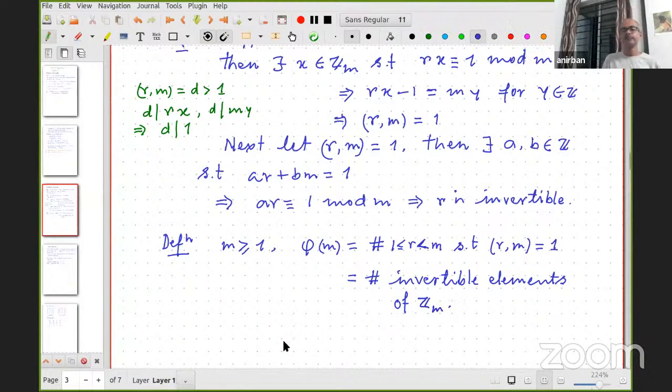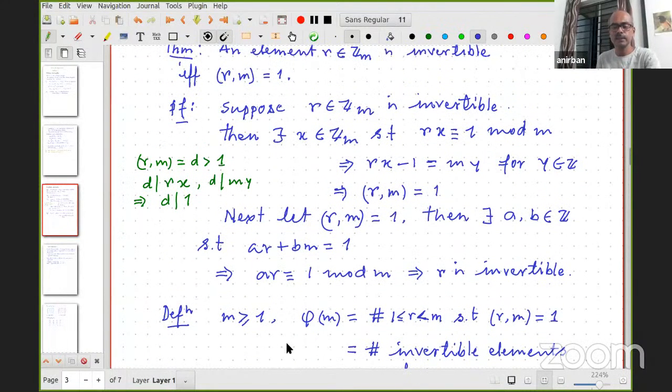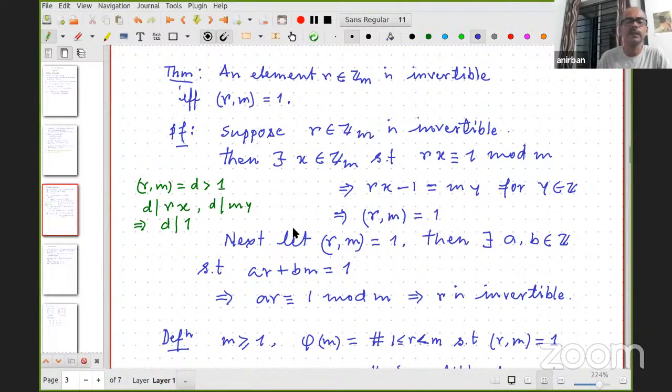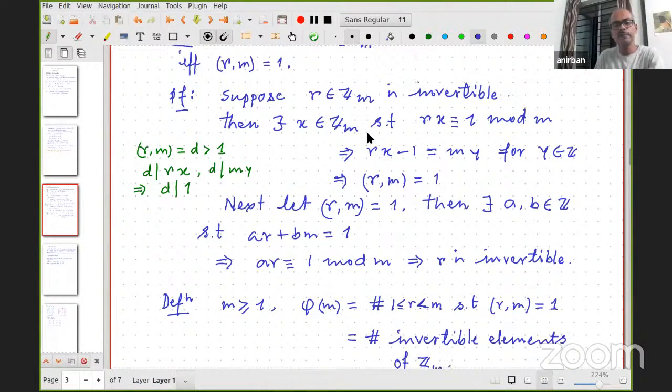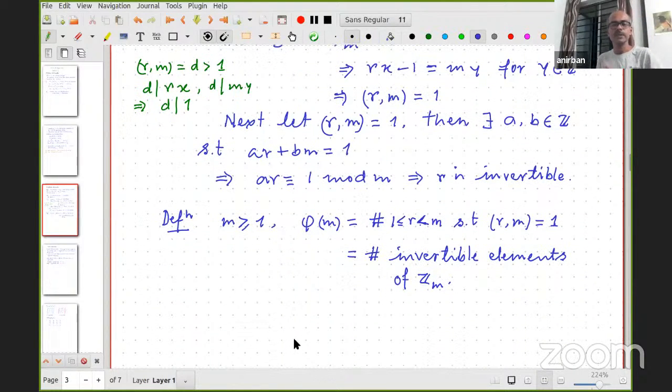That's precisely the statement of the first theorem, that an element is invertible if and only if it is co-prime. So if I'm counting the number of co-prime integers, then I'm counting the invertible elements. It's just that the number has to match.